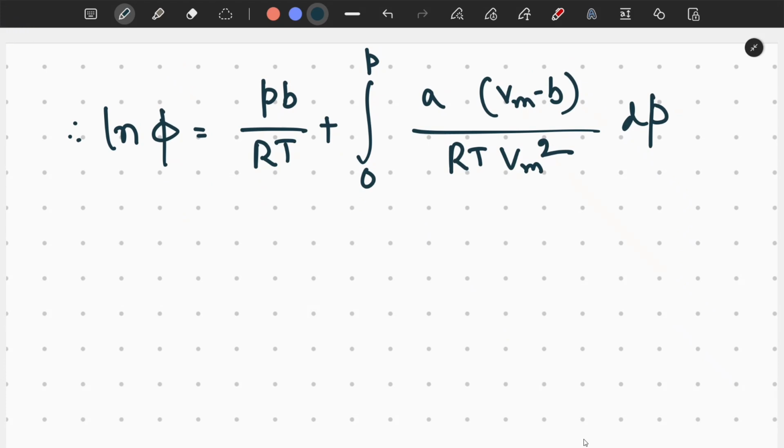So this part you have to solve, I think. How to solve it? Again, you have to insert the Van der Waals equation, I think. Or in general, if you consider that this Vm by b by Vm squared is independent of pressure, then it's okay. You can do it.